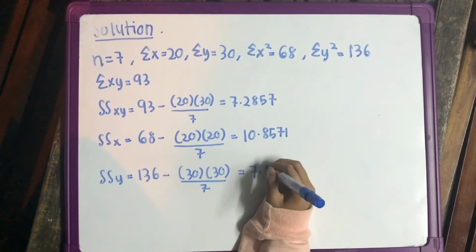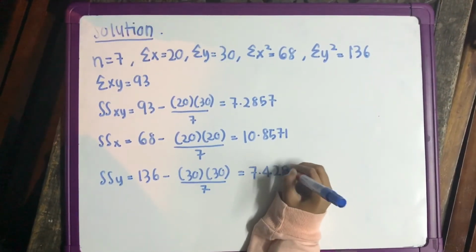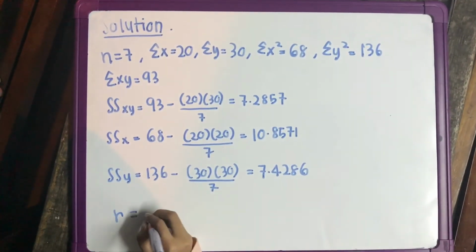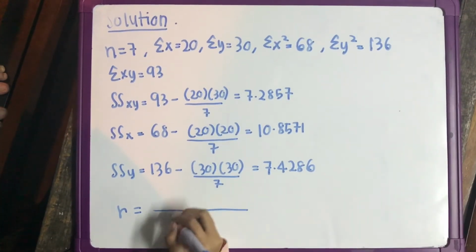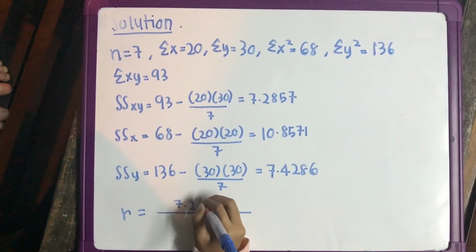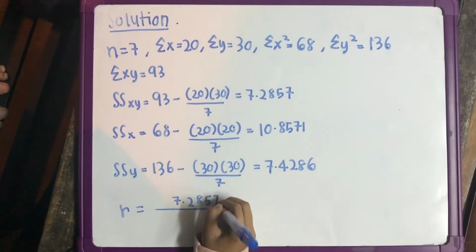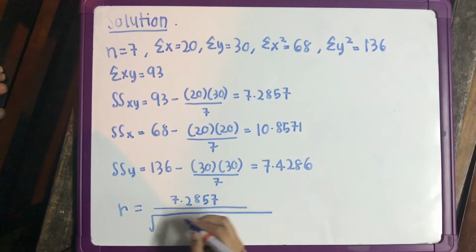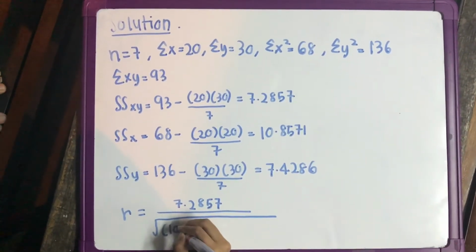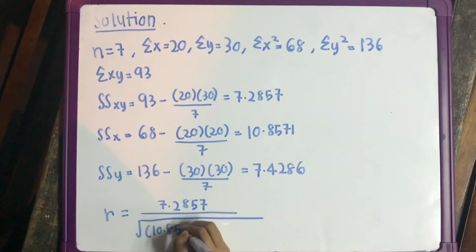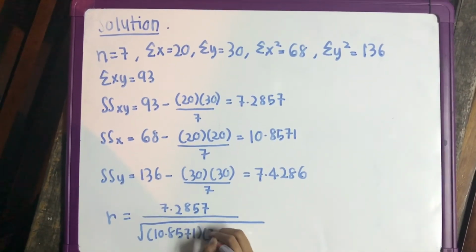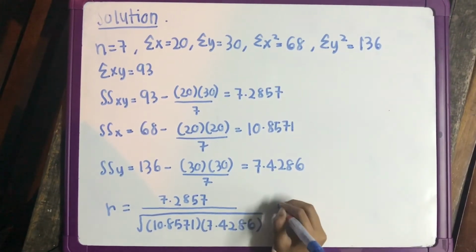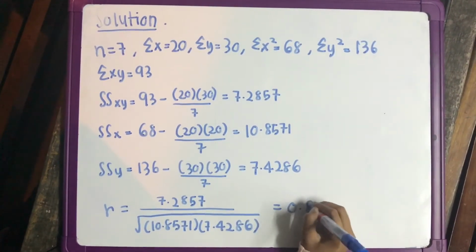Here we got the answer 7.4286. Then you must find R: SSXY divided by the square root of SSX multiplied by SSY. We got the answer 0.8110.